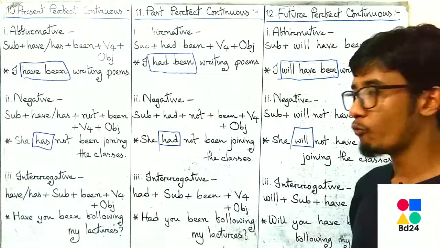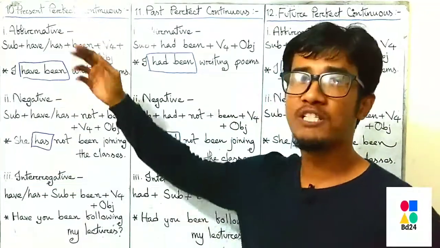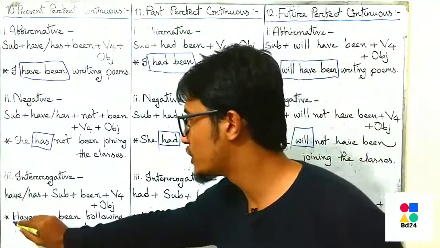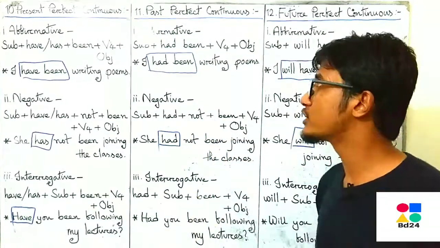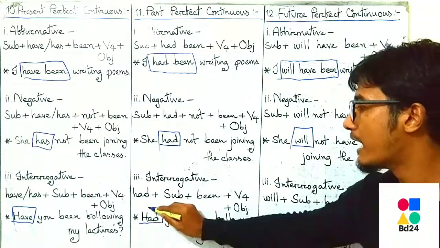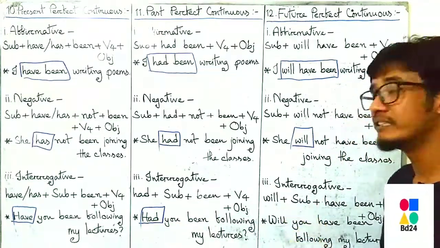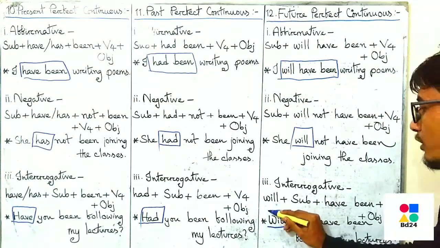So dear viewers, one more time, let me show you the examples. The interrogative sentence of present perfect continuous starts with an auxiliary verb, have. The interrogative sentence of past perfect continuous starts with had, and finally the interrogative sentence of future perfect continuous starts with will.